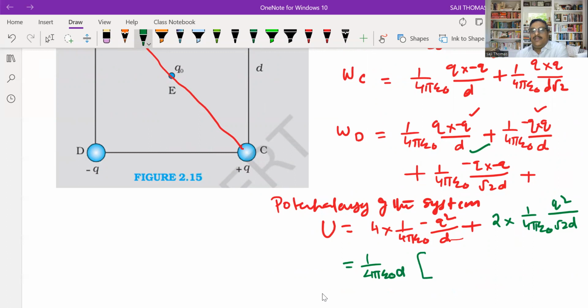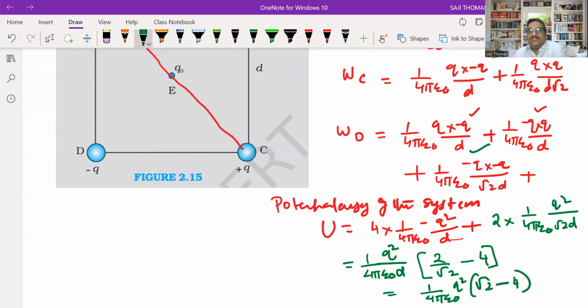What is the remaining? Q square also take out. What will be remaining? You are getting 2 by root 2 minus 4. So 1 by 4 pi epsilon 0 q square into 2 by root 2, that is root 2, minus 4. So this is the potential energy of the system of charges.